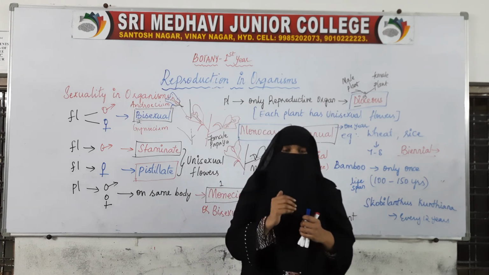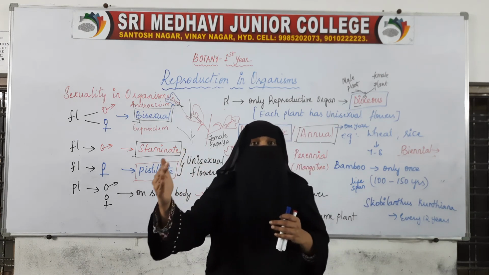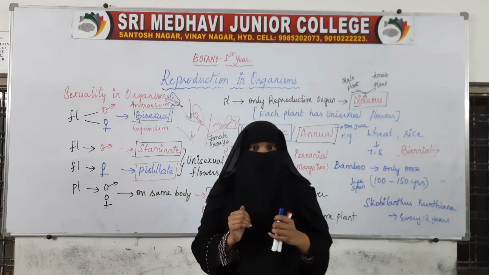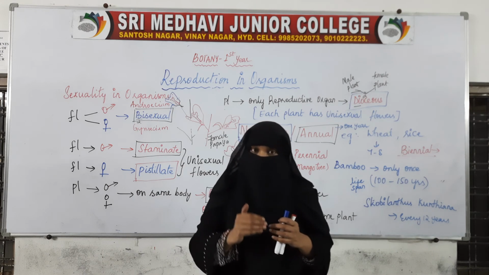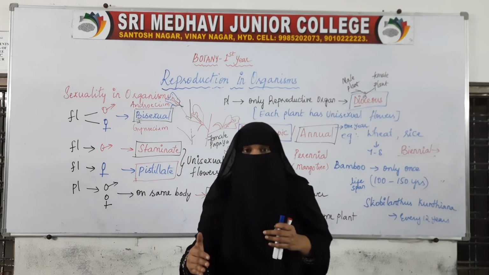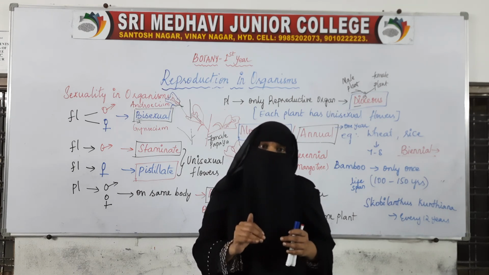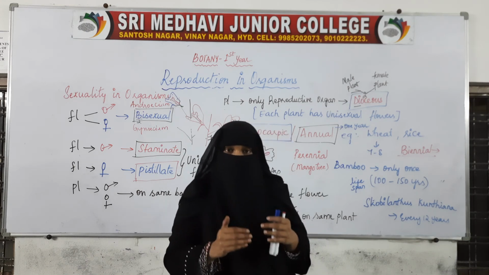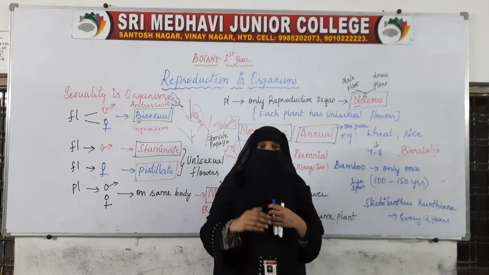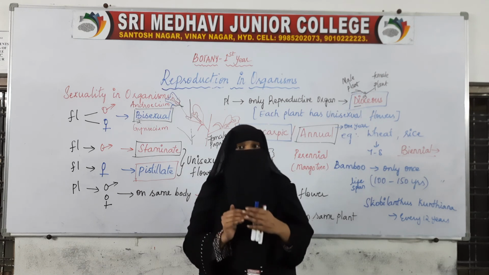If the plant has produced flowers in 2020, then it will produce flowers again only in 2032, after 12 years. In 2021, 2022, 2023, it won't produce any flower.